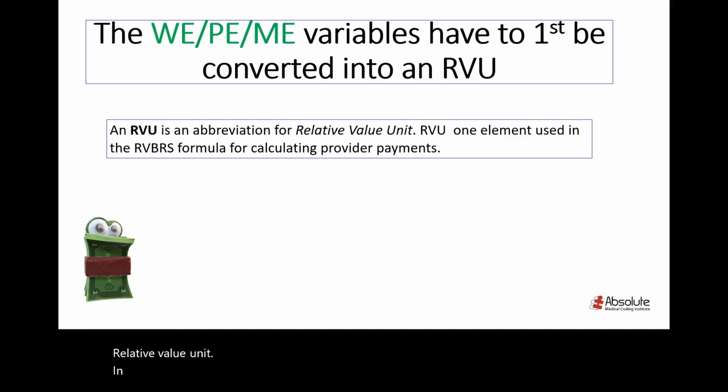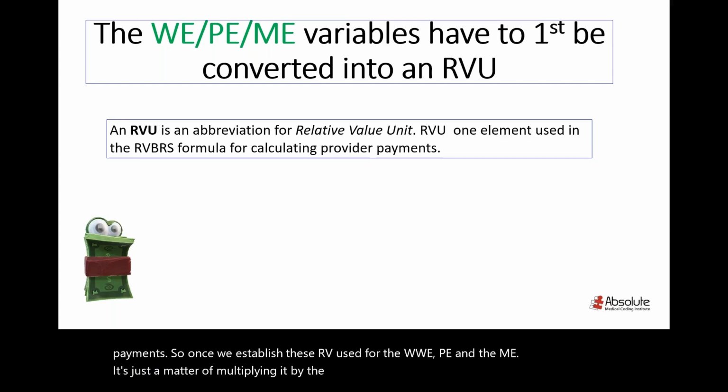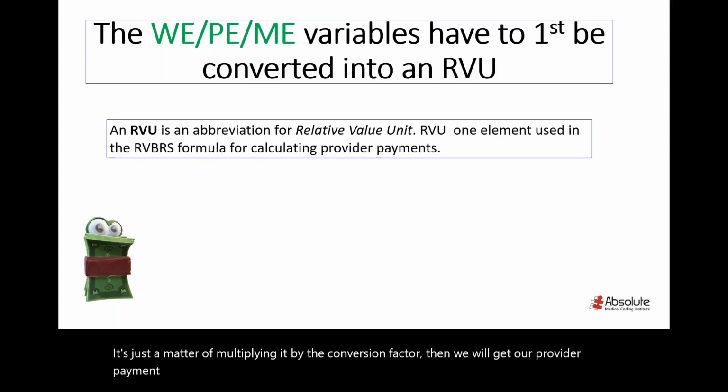An RVU is one element used in that RBRVS formula for calculating provider payments. So once we establish these RVUs for the WE, PE, and the ME, it's just a matter of multiplying it by the conversion factor. Then we will get our provider payment.